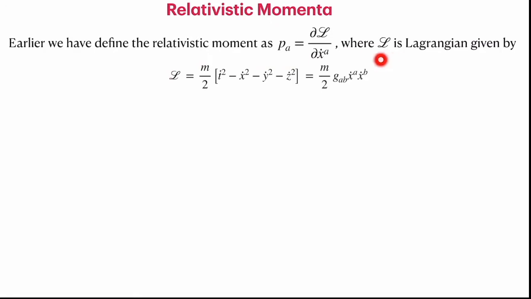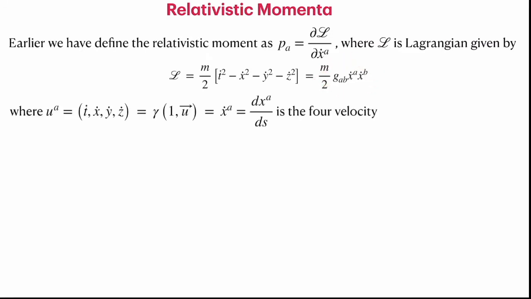So in terms of generalized coordinates, we could write it in terms of a metric tensor and generalized coordinates. Now we know that the four-velocity U^A is given as (ṫ, ẋ, ẏ, ż), that is the four-velocity. Often we write it as γ(1, u), where vector u is the spatial velocity.